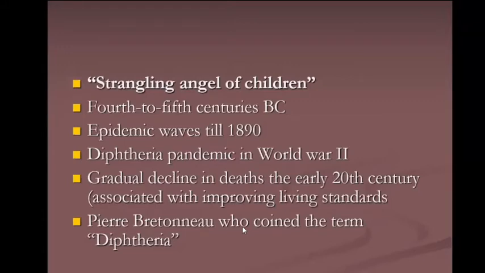Cases have declined because of improvement in hygienic conditions initially, and later due to the widespread availability of the vaccine, so immunization. Because of these two factors, it's becoming uncommon.